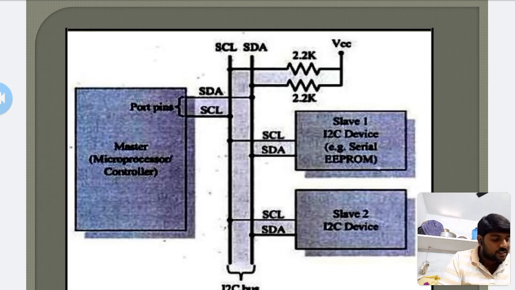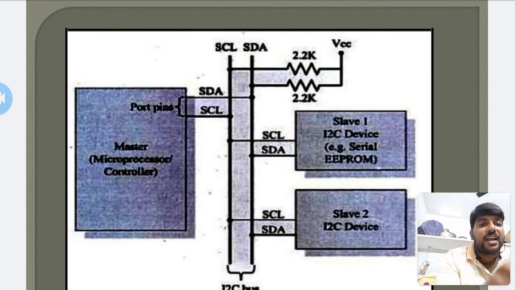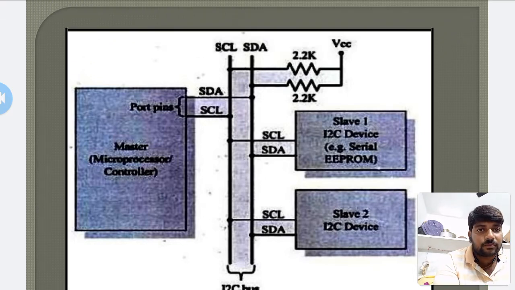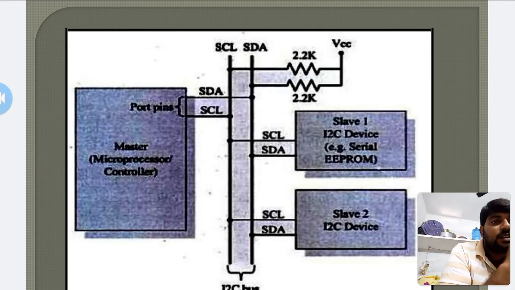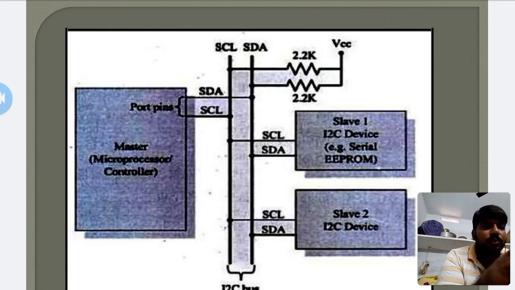SDA is responsible for transmitting the serial data. The I2C bus is a shared bus system to which many I2C devices can be connected. Now we see the master and slaves on the I2C bus in the diagram. The master is a microcontroller, and the slaves are, for example, a serial EEPROM and other devices.